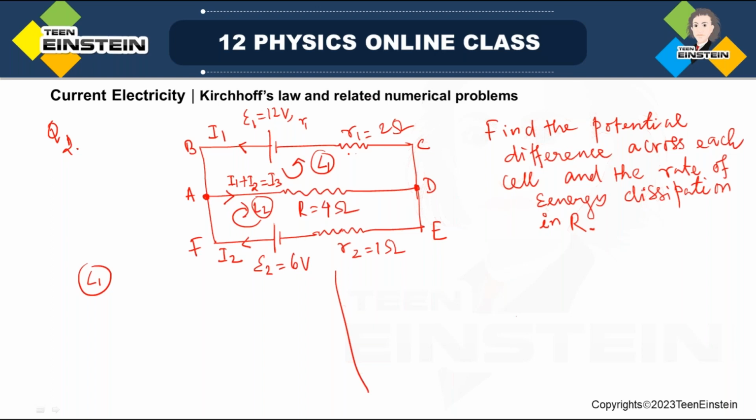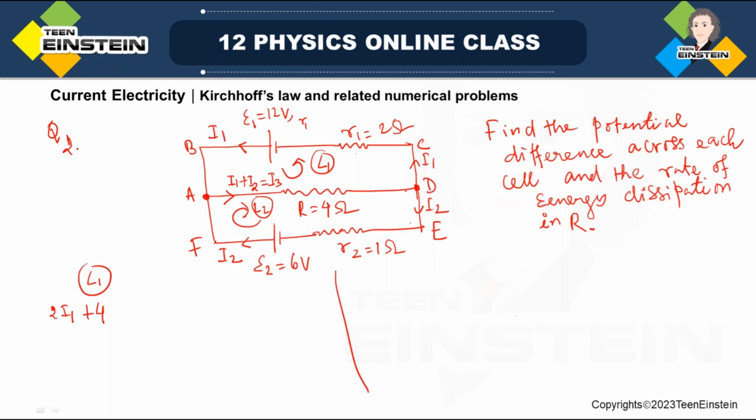What will be the current flowing through this? As soon as it comes here, I2 will be here this way, and I1 will be branched here like this. So this will be 2I1, where 2 is the resistance and I1 is the current through it. And here it is 4.